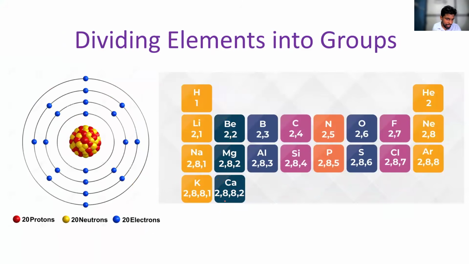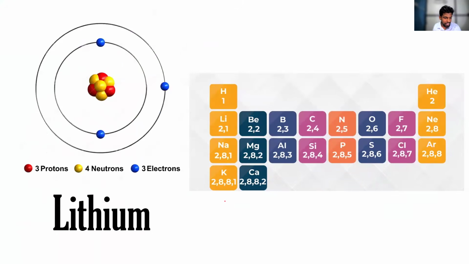If you didn't get the idea, it's okay. We have more examples. We'll find the lithium. First of all, before placing the element in the group and the period, we want to write the electronic configuration. That is 2, 1. My question is this.